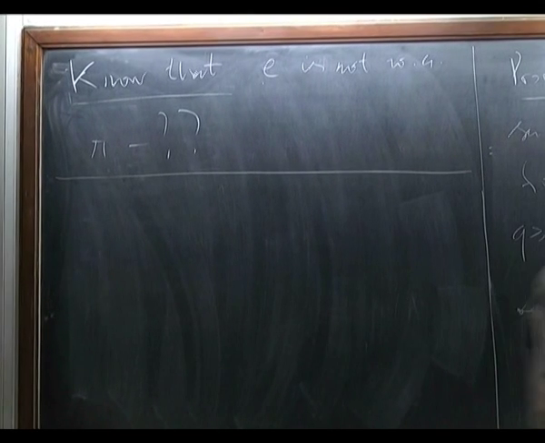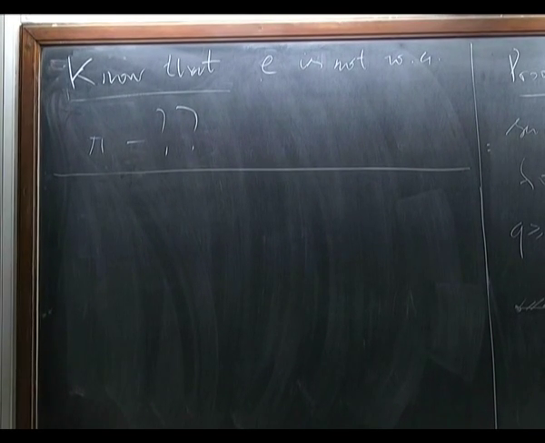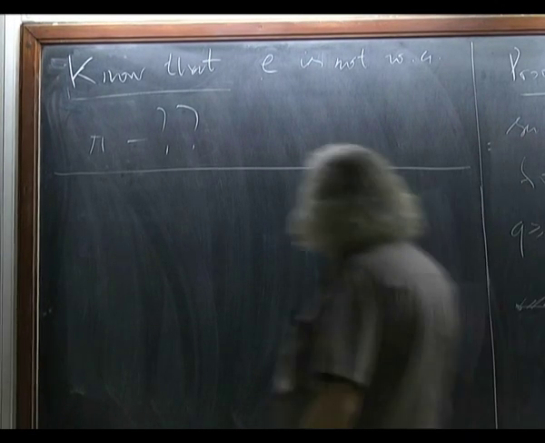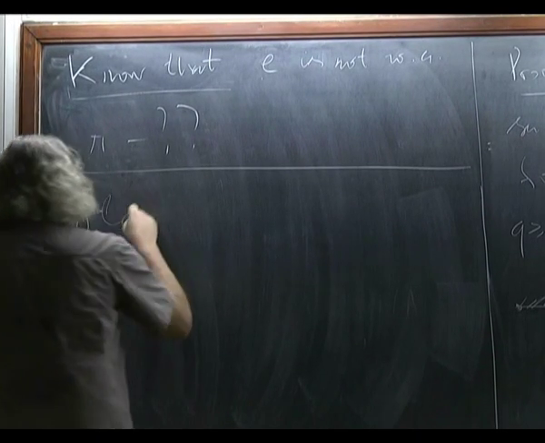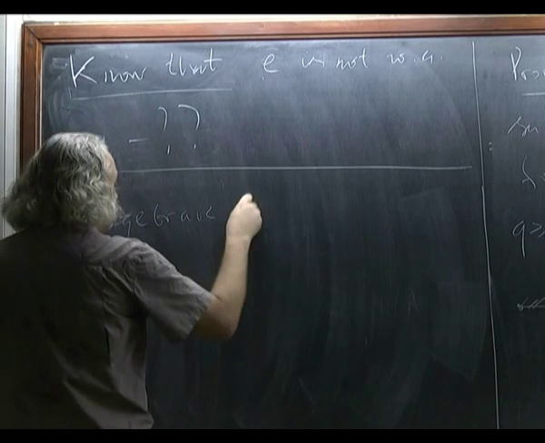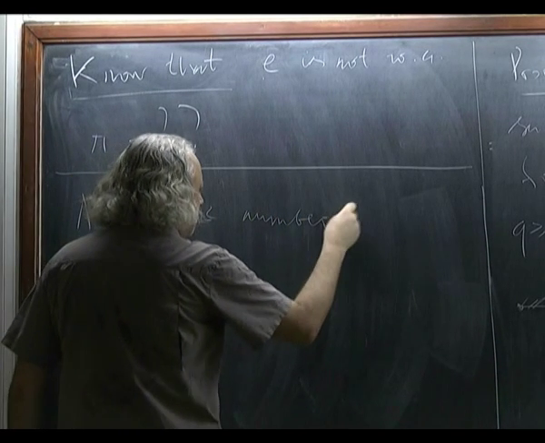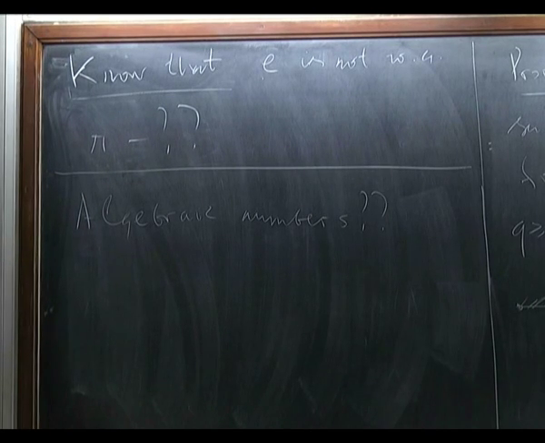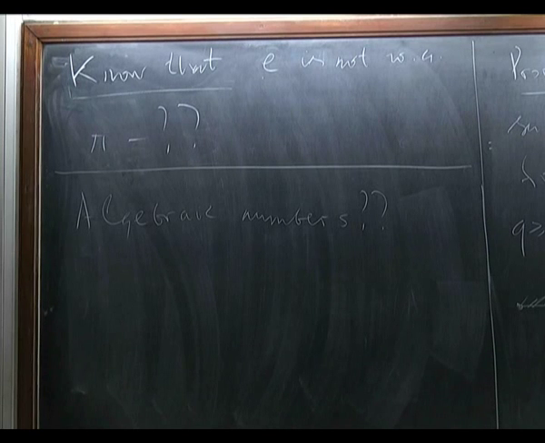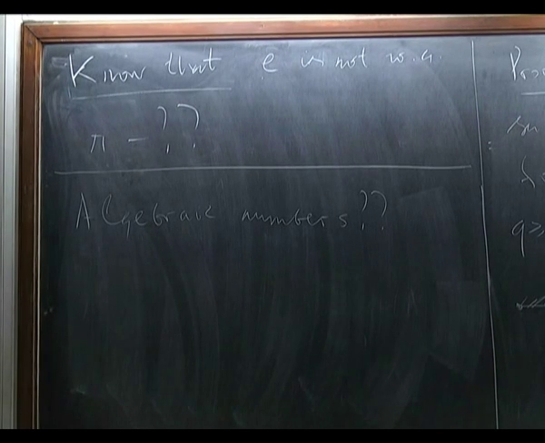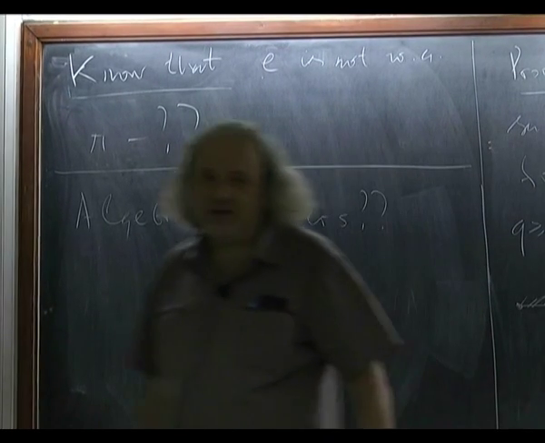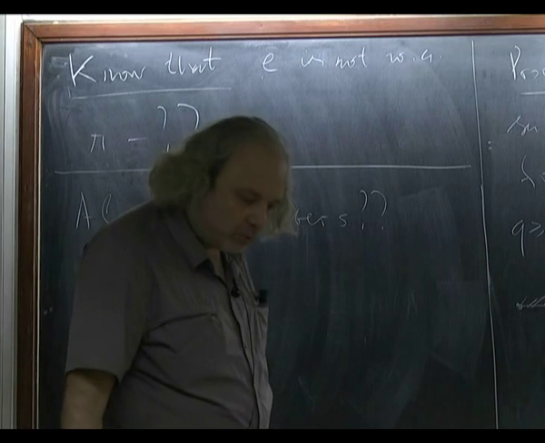But the numbers we are mainly interested in are not e and pi, but algebraic numbers. What happens to algebraic numbers? One should prove for algebraic numbers a certain result going in the opposite direction to Dirichlet, that one cannot approximate algebraic numbers by rational numbers too well.